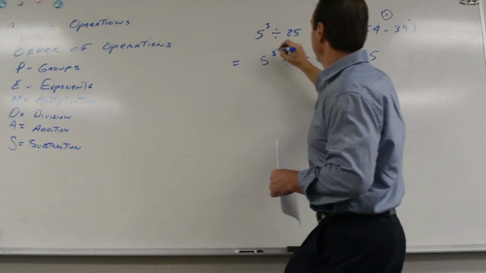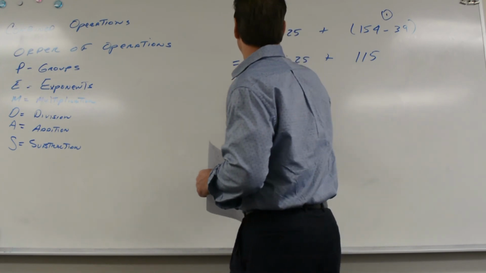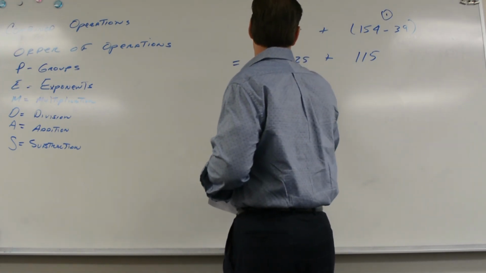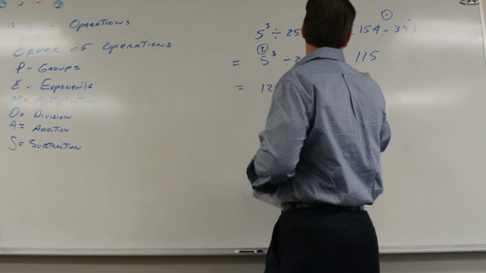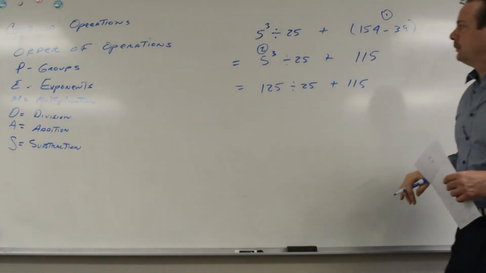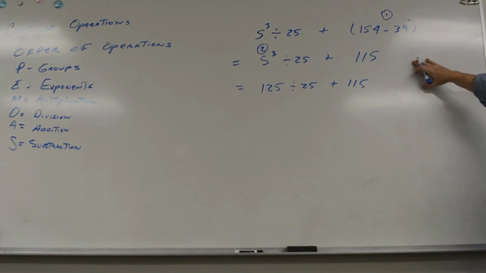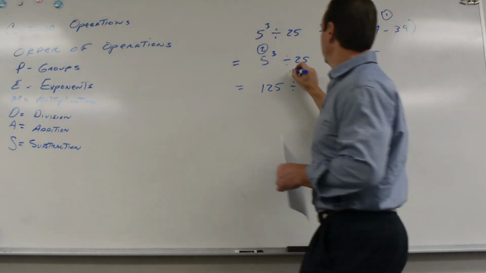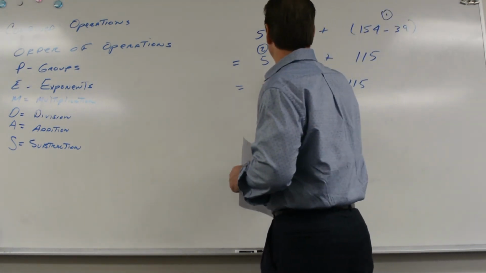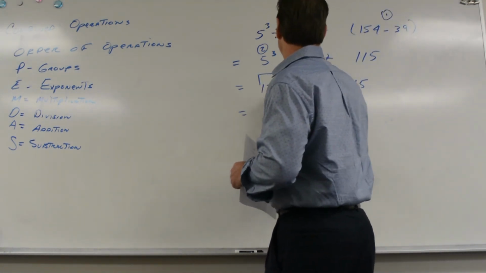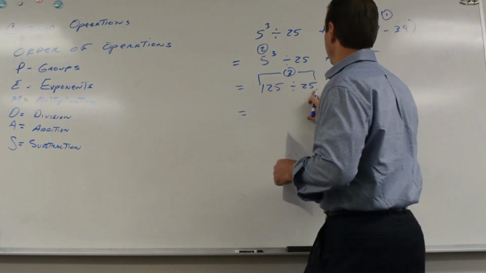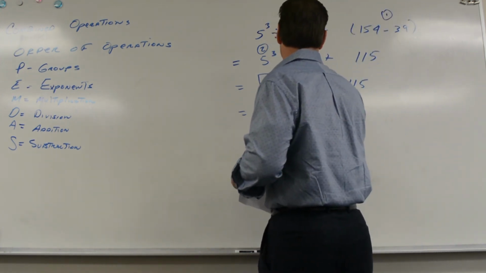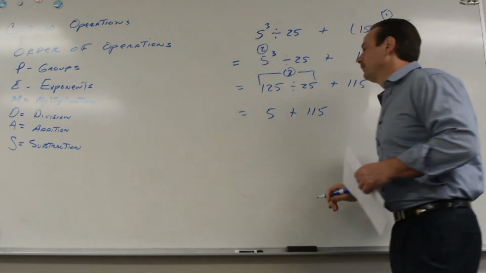Yes. So this is going to be next. 25. All right, so we did groupings, exponents. We go to multiplication. There is none. We go to division. So we got 125 divided by 25, that's 5, plus 115.